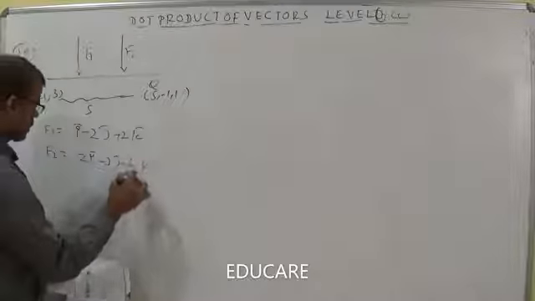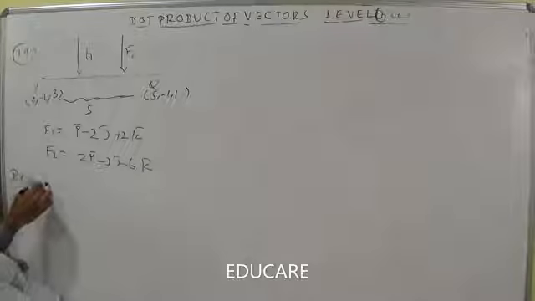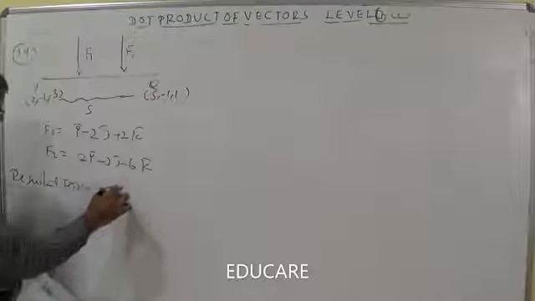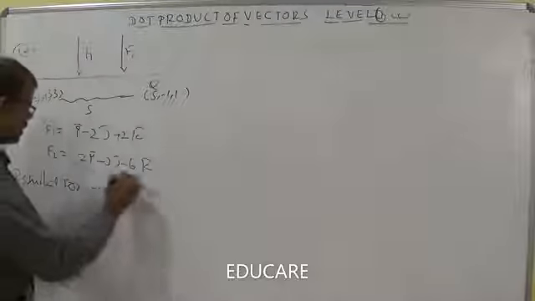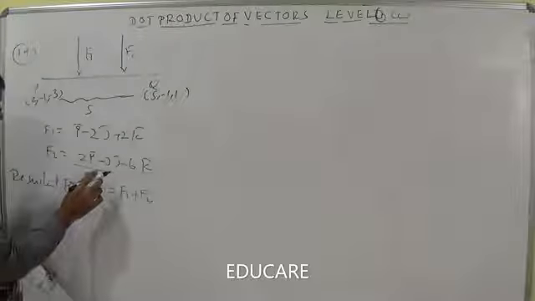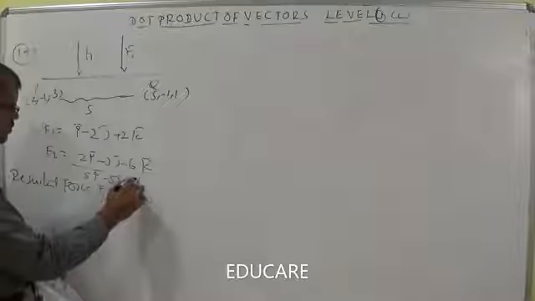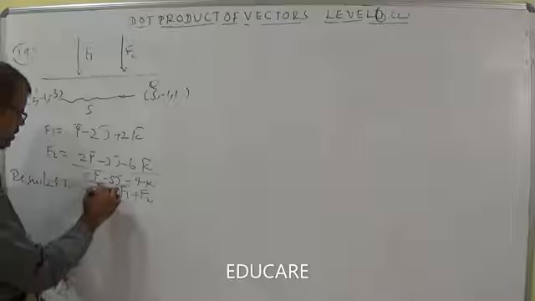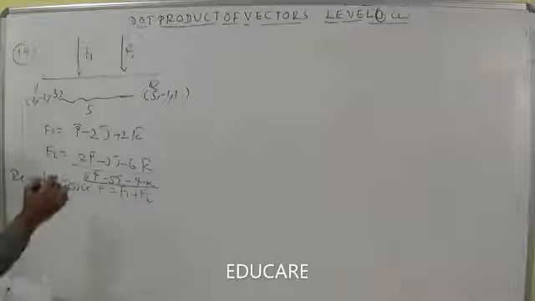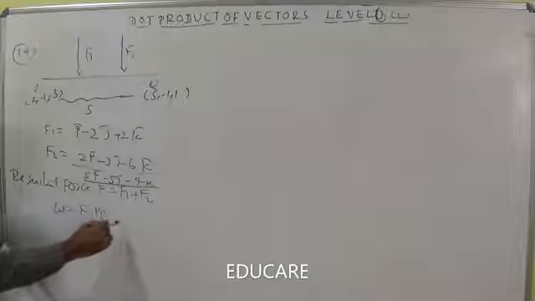Two forces applying on a body, then we can write here the resultant force. Resultant force F is equal to F1 plus F2. You add the two forces, you get 5i minus 5j minus 4k, which is the resultant force. Now W is equal to F dot PQ.